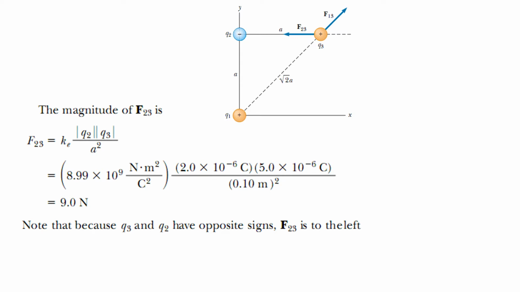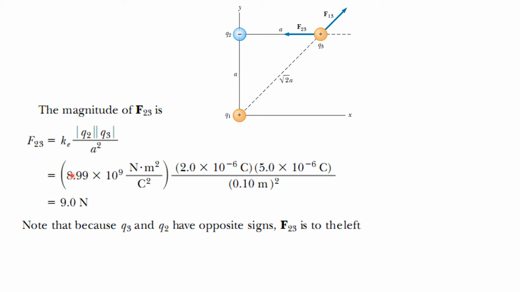Then the magnitude of the force that charge Q2 exerts on charge Q3 is given by Coulomb's constant times the magnitude of charge 2, times the magnitude of charge 3, divided by the square of the distance between charge Q2 and charge Q3.